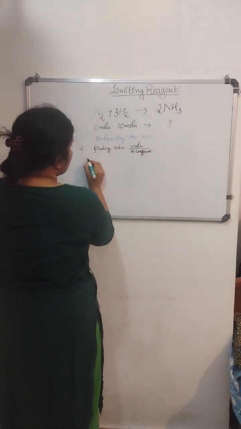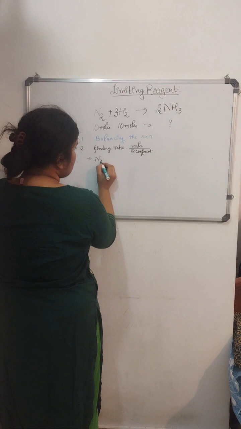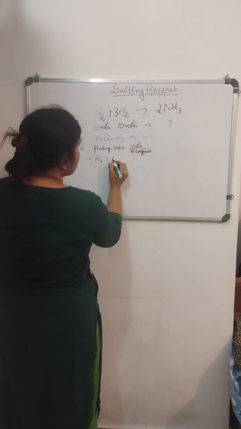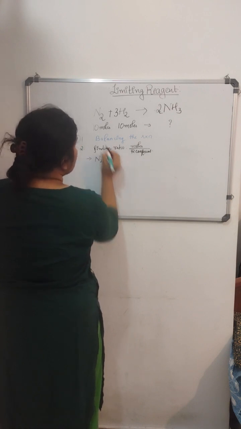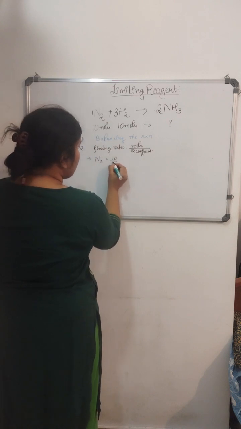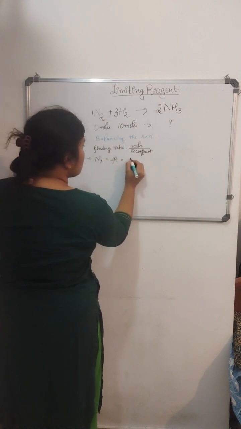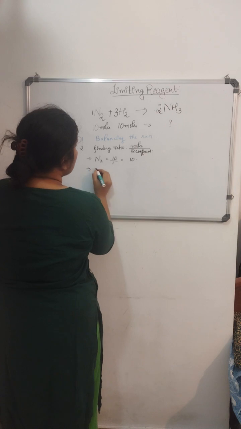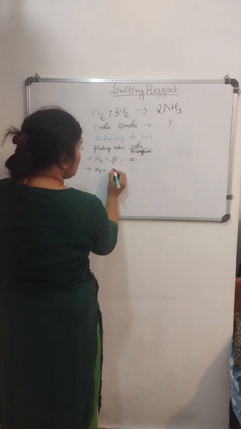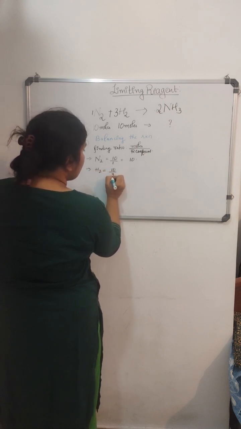We will do that for nitrogen, that is N2. We are having moles as 10, and the reaction coefficient for N2 is 1. So this remains as 10. Second one is hydrogen. Number of moles were 10, divided by 3.